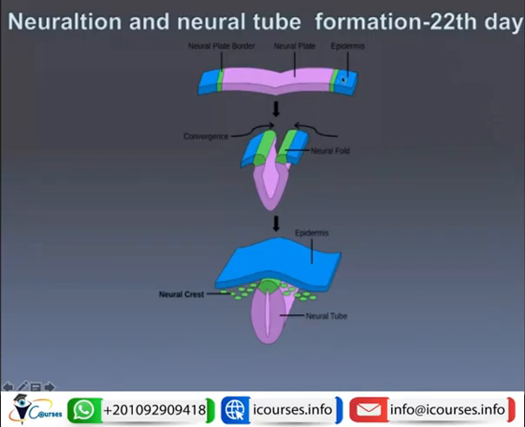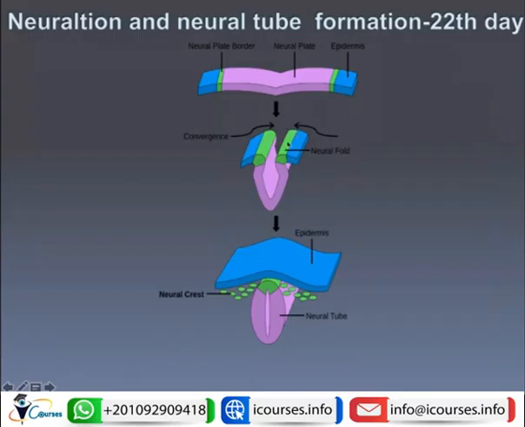The surface cells, the surface ectoderm, will undergo proliferation, or the neural crest cells will undergo proliferation, which is shown in green. When they proliferate, they push the neural plate inward, leading to invagination, forming what is called the neural groove.